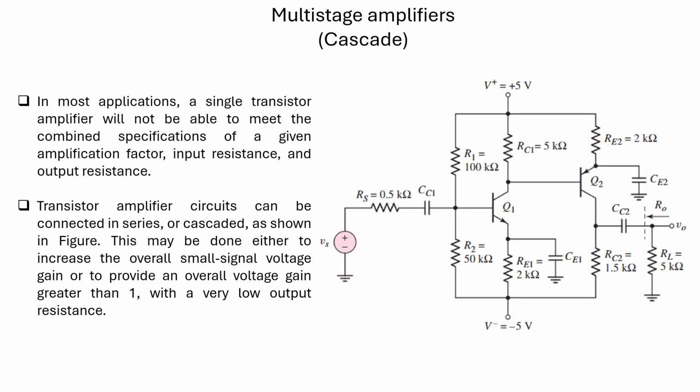Here the objective of this cascade amplifier is to have a high overall small signal voltage gain, or to provide an overall voltage gain greater than 1 with a very low output resistance. If we look at the circuit configuration, the AC input is supplied through the base terminal of the Q1 transistor, and the output of amplifier stage 1 is collected at the collector of Q1.